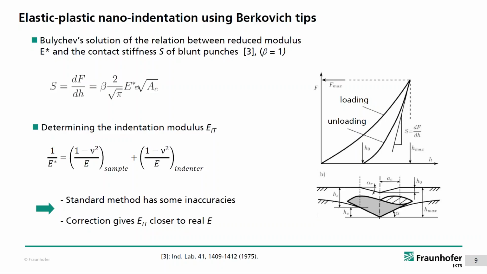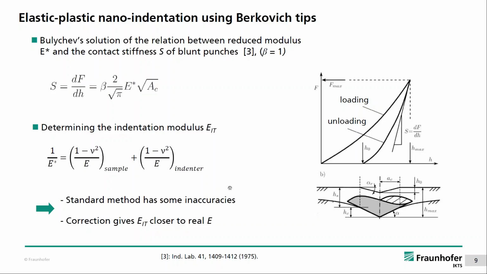And this depends on the contact area again, which we also have. And this is then the reduced modulus, which contains elasticity of the sample, what we want to have, and elasticity of the tip, which we have because we mostly use diamond tips where we know the elastic constants. So using this solution, we then get the Young's modulus of the sample, which is down here. And this is the standard treatment, and this is already pretty good.